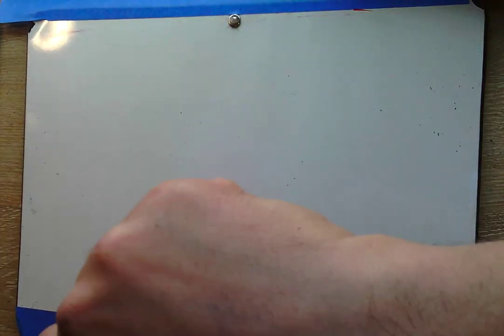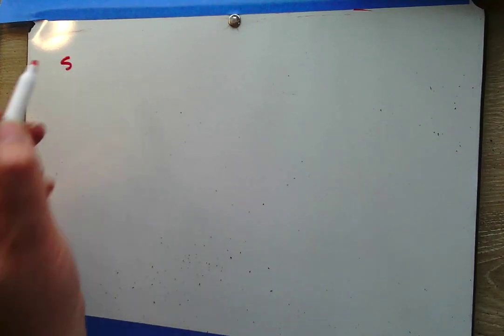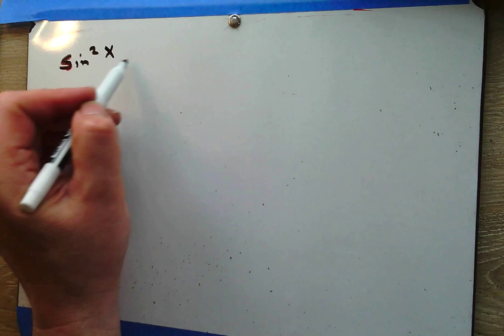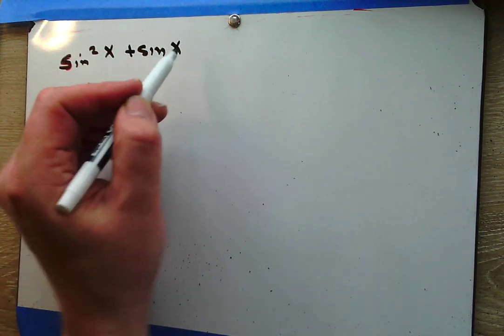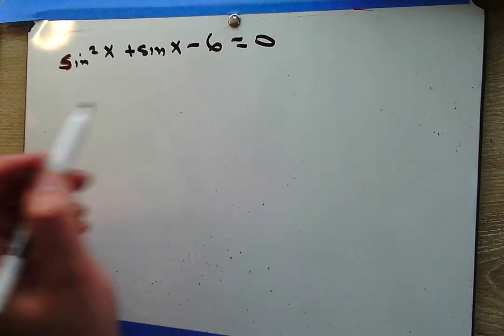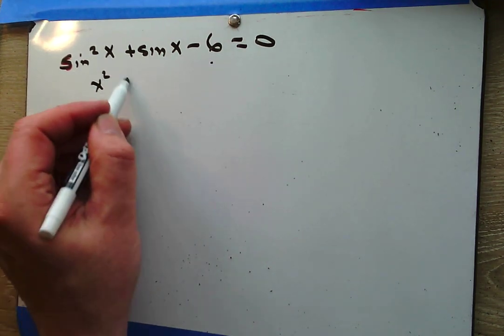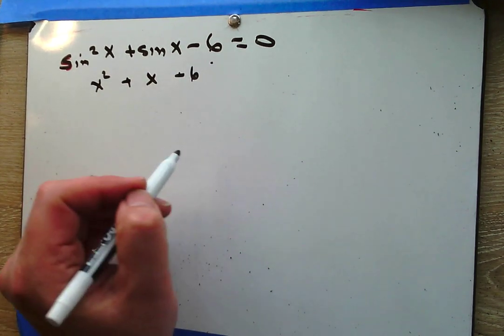Next, I think I only have 2 more that I want to look at with you. This one, sine squared x plus sine x minus 6 equals 0. Well, that's a trinomial. That's like x squared plus x minus 6.